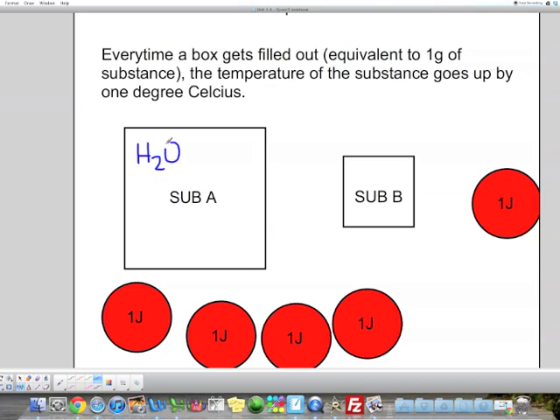Water has a specific heat of 4.19 joules per gram per degree Celsius. Let's pretend this is sand. Sand has a smaller one. I don't know it by heart, but I know it's much smaller. So let's pretend we are comparing an ocean to a desert.